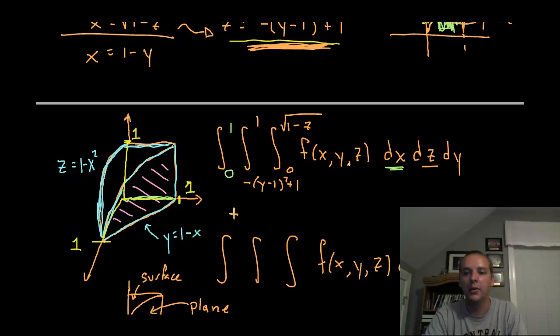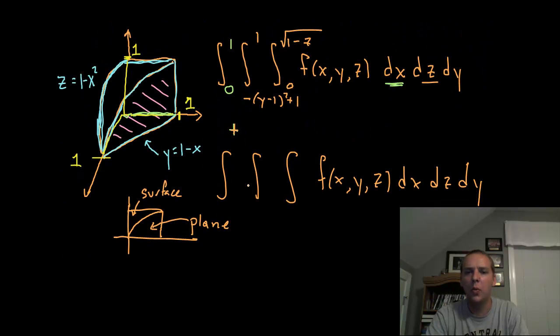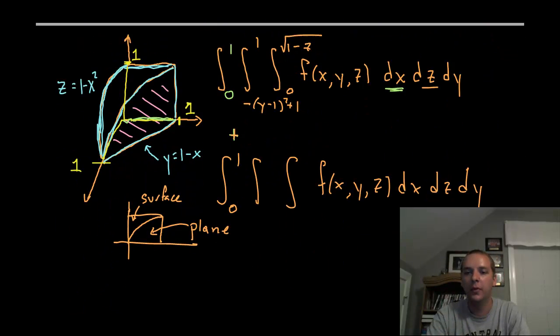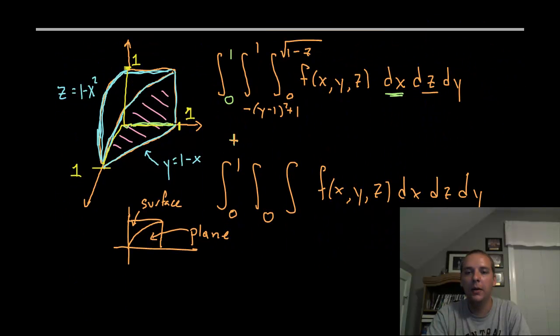All right, and then I'll do the one on the other half with the plane down here in green. For that one, the y's go from 0 to 1, and the z's will go from 0 up to the curve, not from the curve to 1, but from 0 up to the curve, negative y minus 1 squared plus 1.